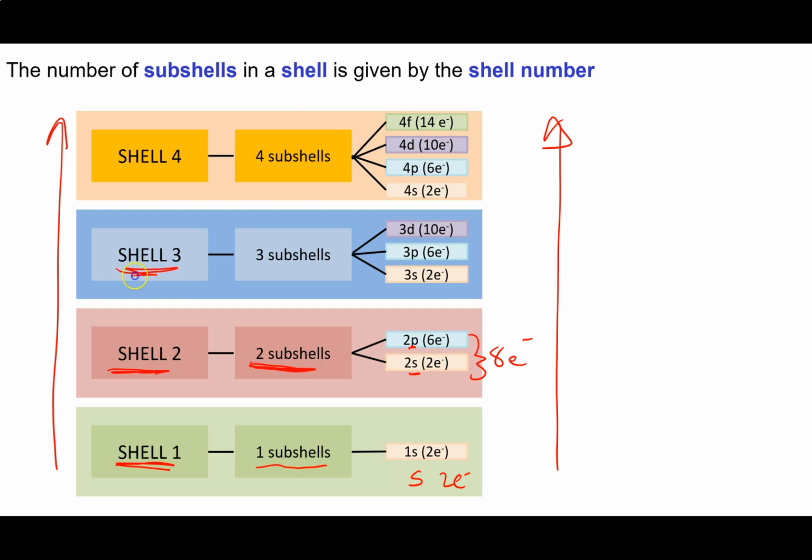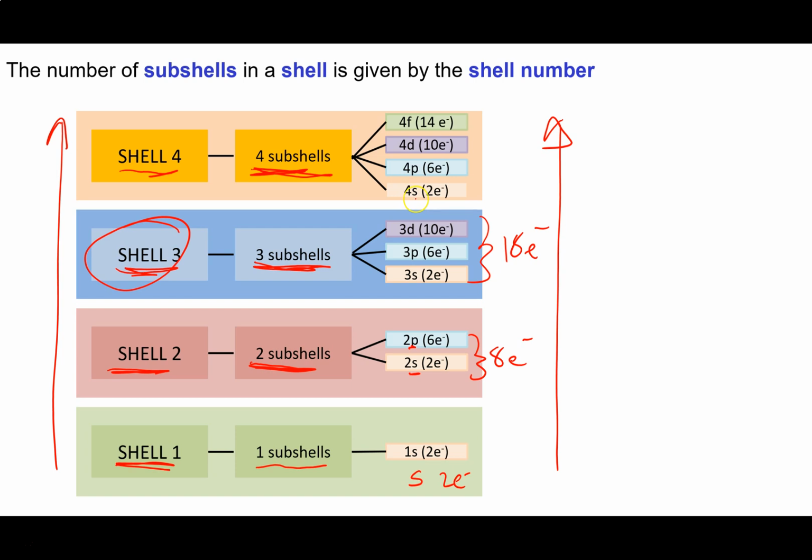When we go to the third shell, it's bigger still, and it can have 3 subshells in it. An s subshell, a p subshell, and a d subshell. And keeping in mind that we can put 2 electrons in an s subshell, 6 electrons in a p subshell, and 10 electrons in a d subshell, this gives us a total of 18 electrons that we can put into the third shell. Now, when we get to shell 4 or higher, we can have the full set of 4 subshells.